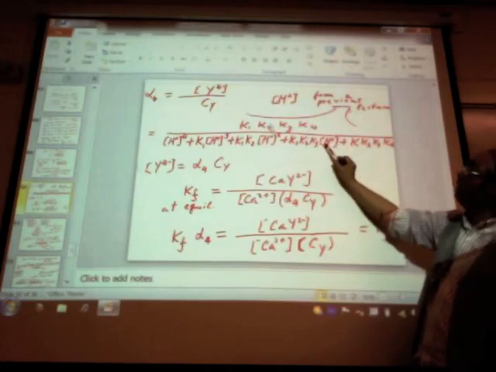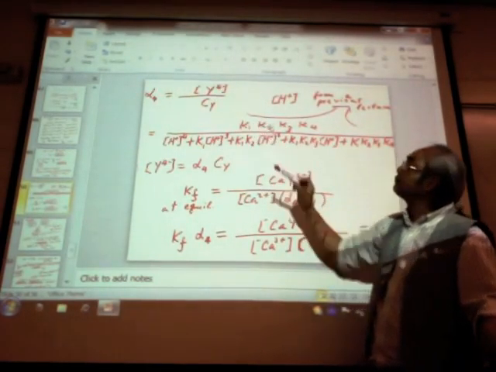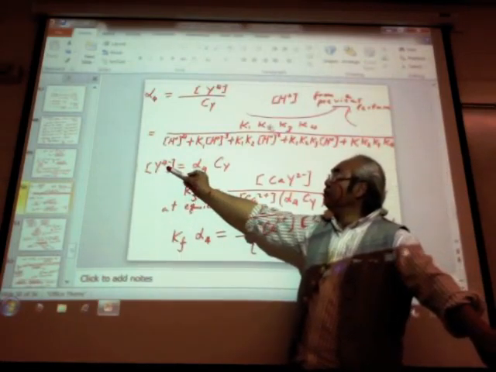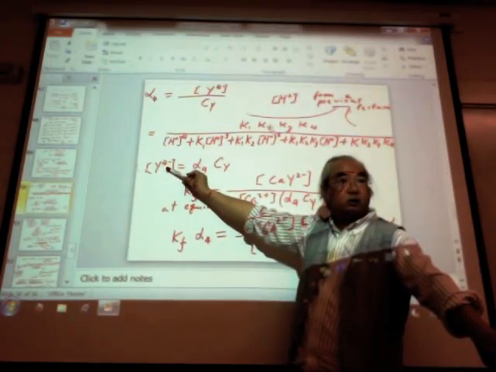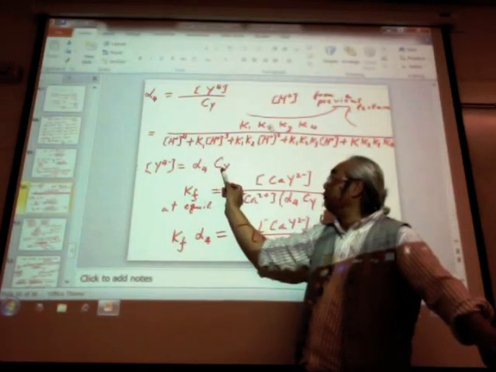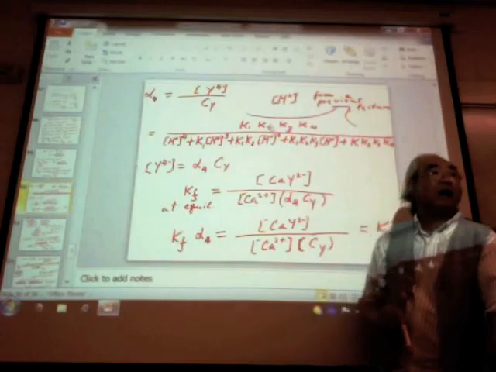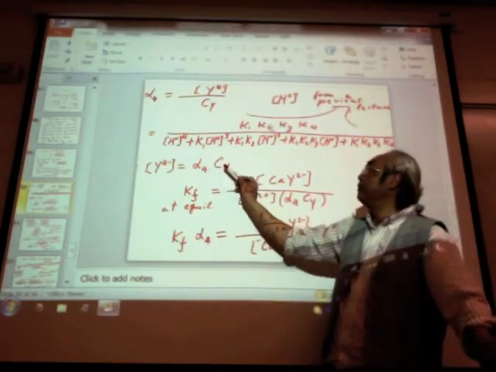So now you get alpha 4 from this. So you want to know the portion belonging to Y4 minus from the total right here. So alpha 4 is going to multiply that.